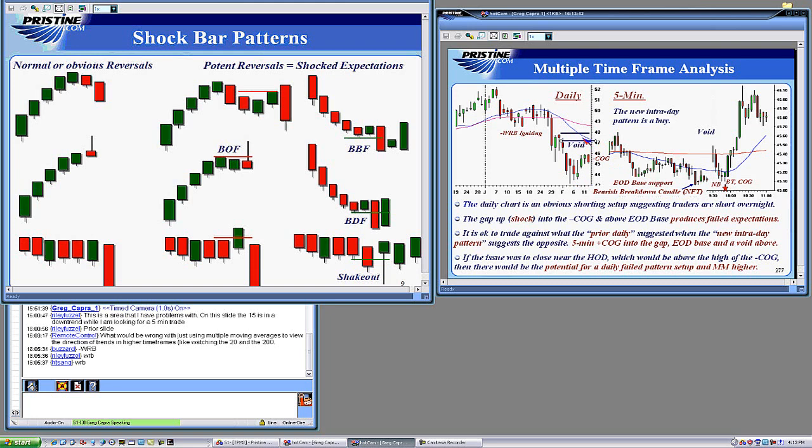So we could have a continuation move where eventually the price pattern fails up in this area of this prior high, if we had gotten a green bar on the daily.